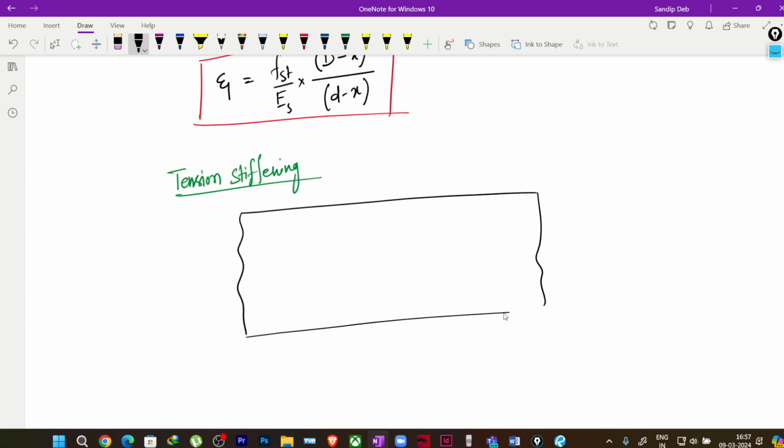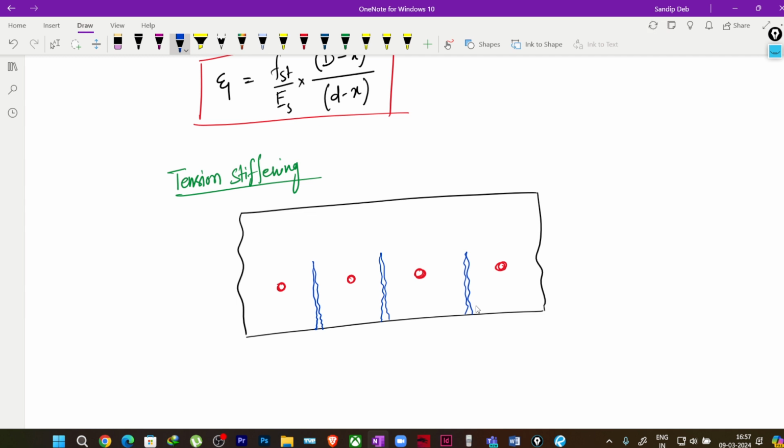We have provided some reinforcement at some distance. So what we assume is that the cracks are being generated, or introduced, at these locations between the reinforcement bars. The cracks are coming, correct?